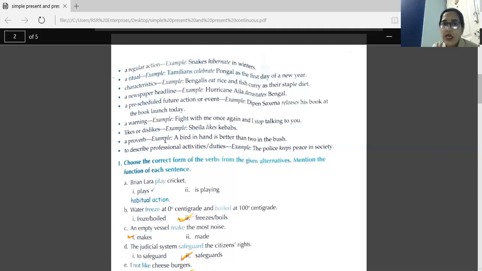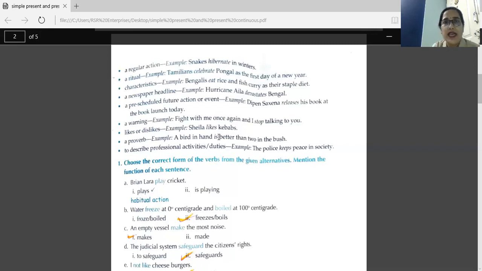Next one, a proverb. In proverbs, we use simple present tense only. See this example. A bird in hand is better than two in the bush. Here we have verb is. Is in this sentence is used as main verb.